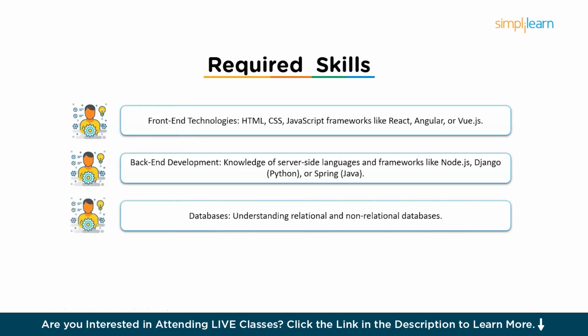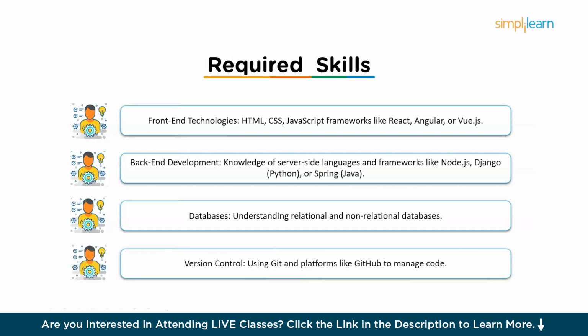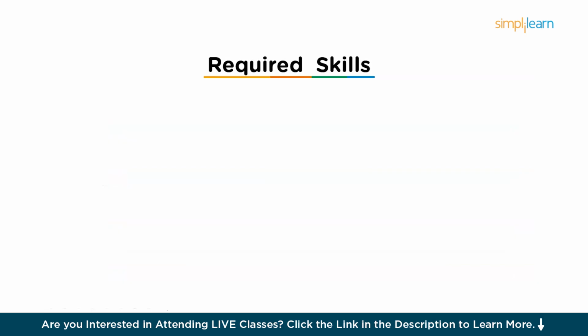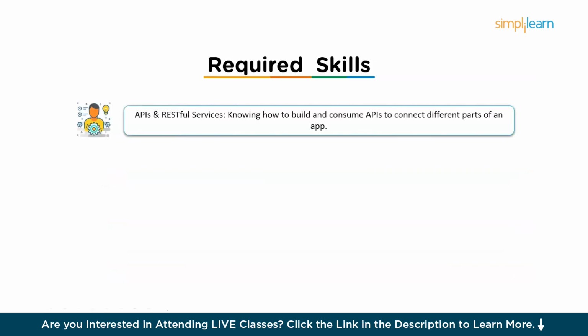And then we have databases, that is understanding relational and non-relational databases. And then we have version control systems, using Git and platforms like GitHub to manage the code you write.